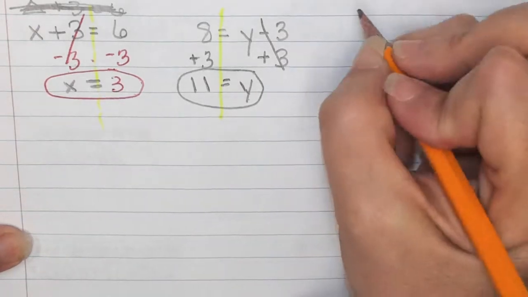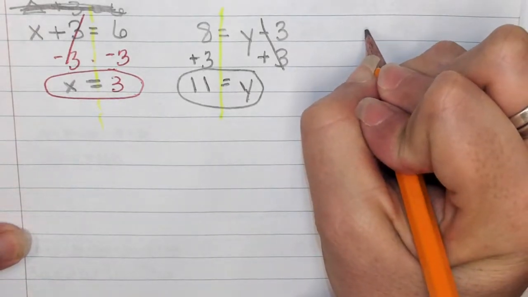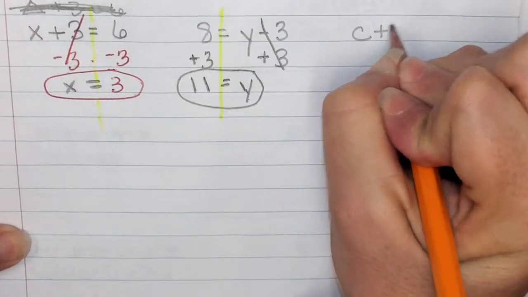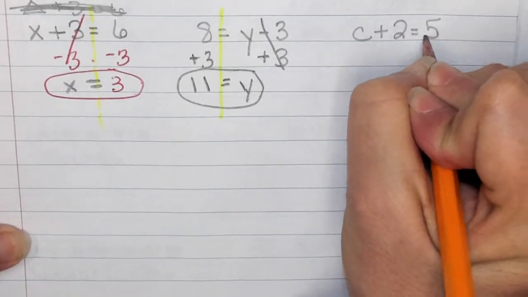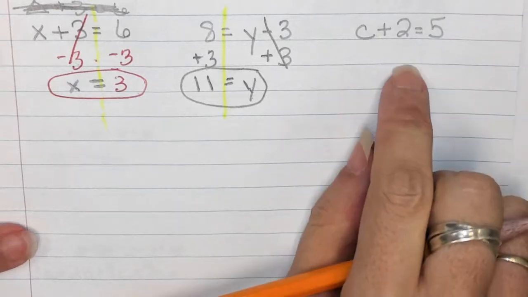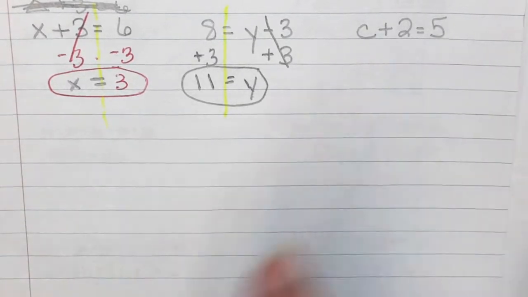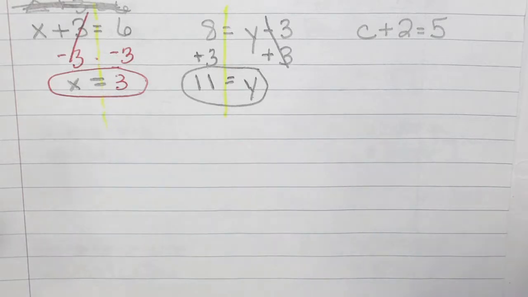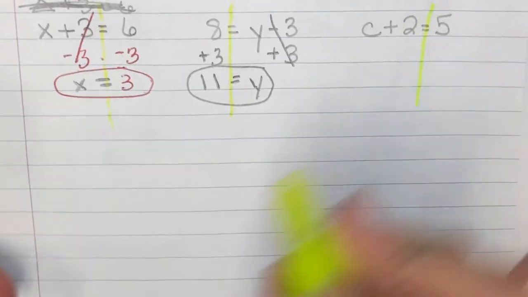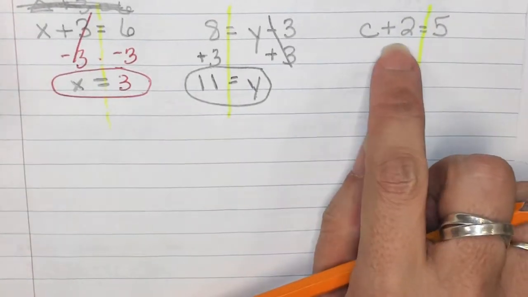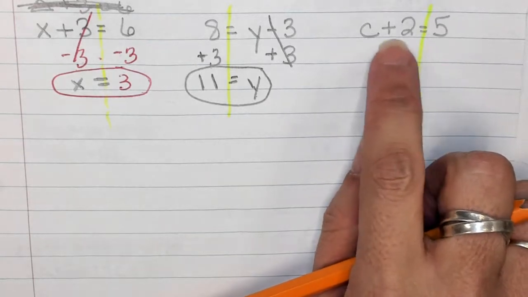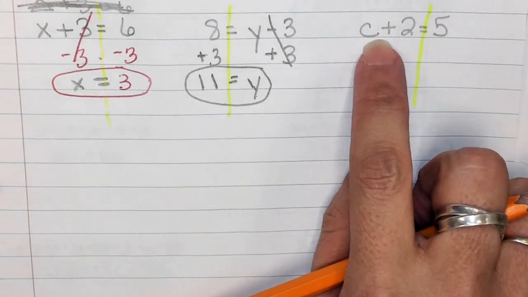Yep. So let's say you have this. Okay. C plus 2 equals 5. So what is with the C that you want to get rid of?